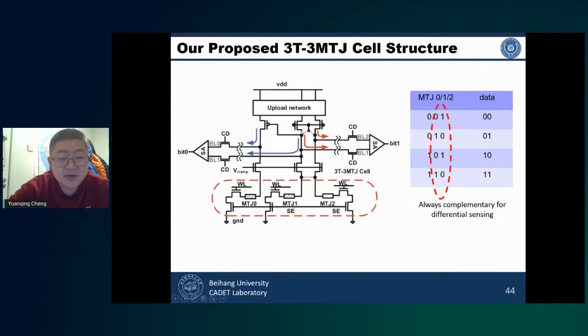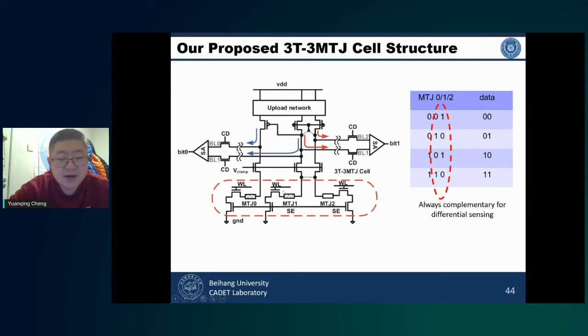The data bit 0 will be read out, and the right 2 MTJs act as the RAP, or high resistance and low resistance parallel connection, to generate the reference voltage. And then we can use the conventional sensing scheme to read out the bit 0.